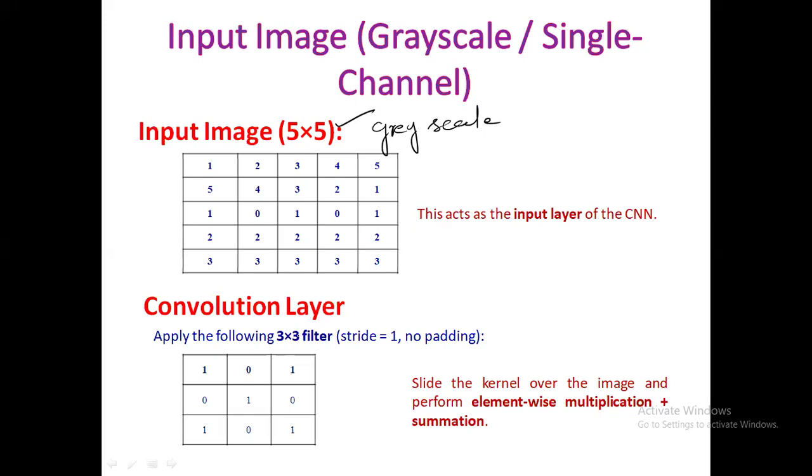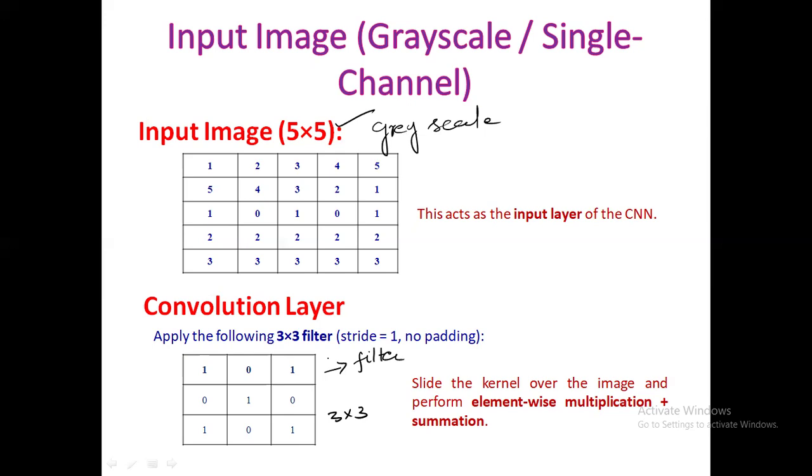The convolution is performed by sliding a small matrix called a filter, of size 3 cross 3, otherwise called a kernel, over the input image, computing the element wise multiplication and summation between the filter values and the overlapping part of the image.